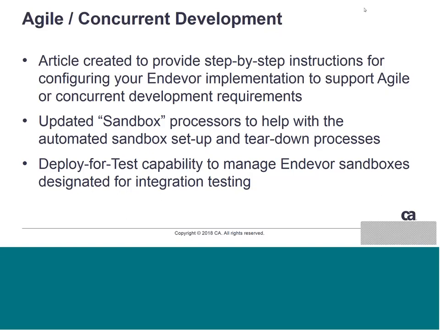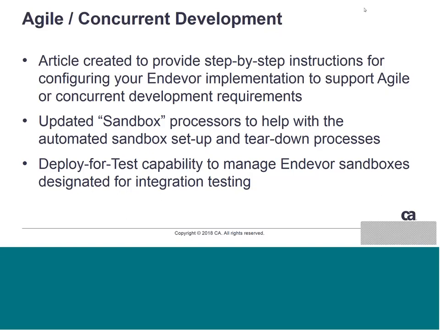So we have been in the Agile DevOps business for quite some time, and the CA people here that work on all our mainframe products are using Endevor to maintain Endevor, and we've implemented it in such a way that it does support our Agile implementation.